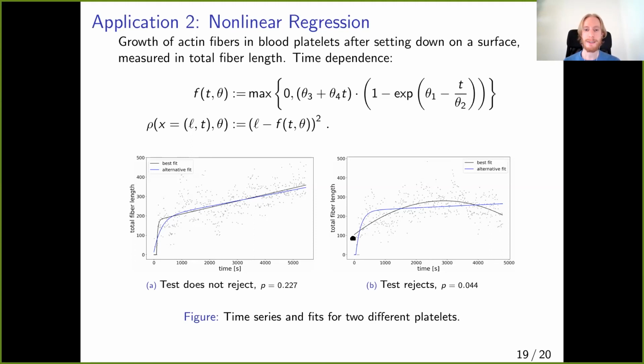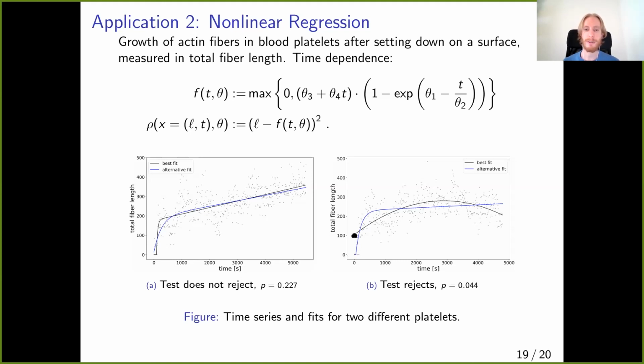In the second case, we see the test does reject. However, the best fit is not really very credible when we look at the description of the experiment. So what we actually had to do in the paper was restrict our parameter space to make sure that we were near zero or at zero at say minus 30 seconds or so.